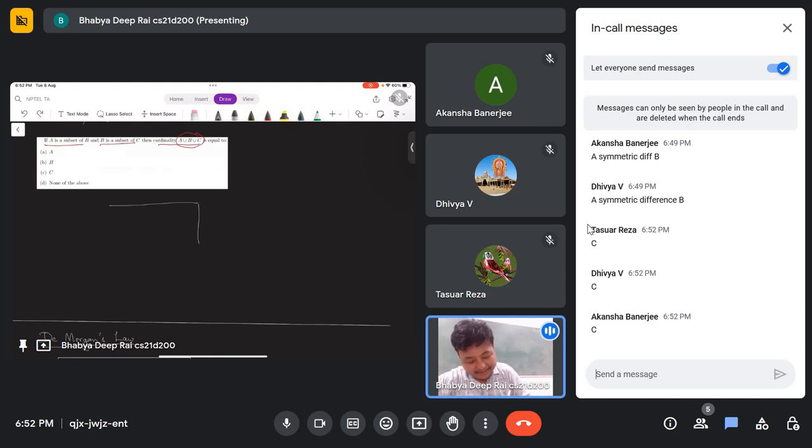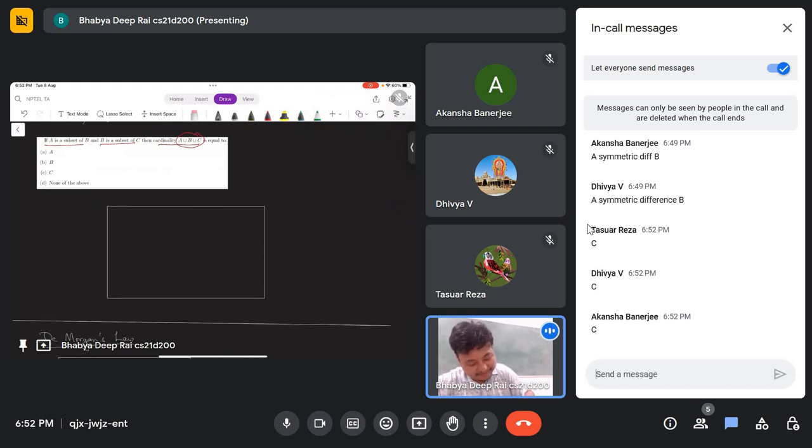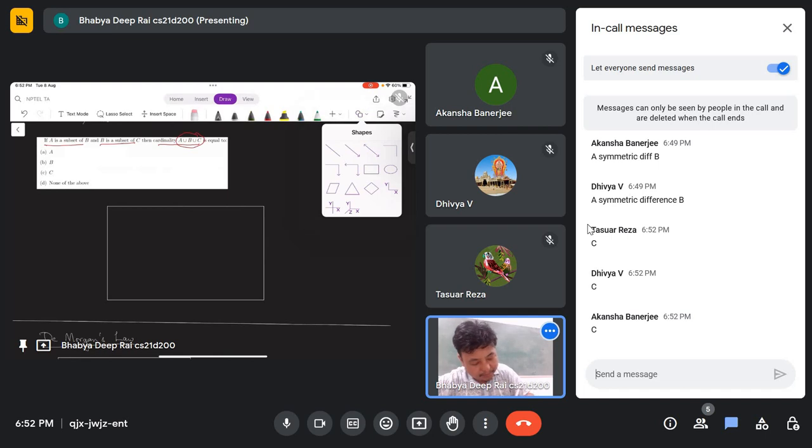So yeah, if we imagine it, A is a subset of, okay, I think I need to make a bigger diagram. So let me use this tool. So A is sitting inside B and B is sitting inside C in turn.